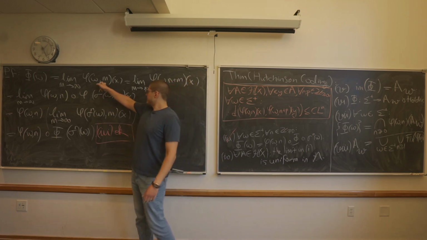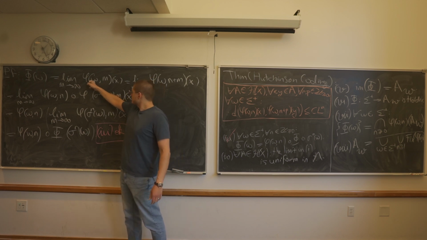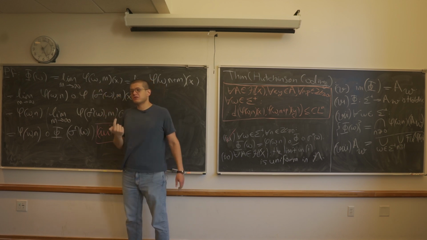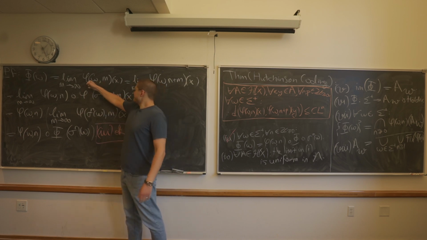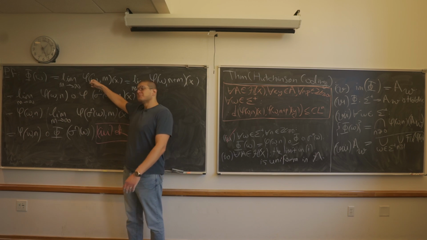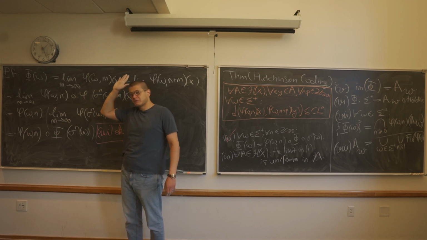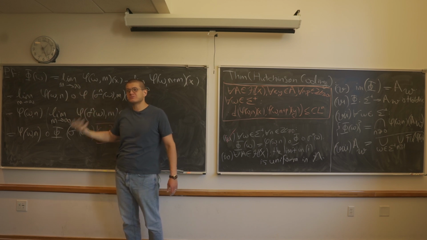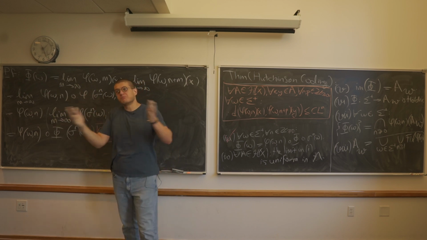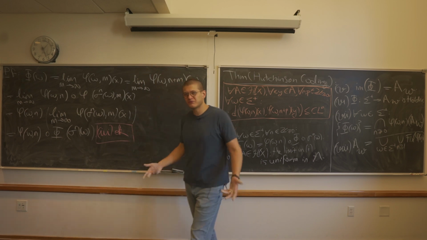So maybe you should think of it like this. If you had only one symbol, if capital N was 1, so that you have one contraction, you're basically applying the same contraction over and over again. Here you have multiple contractions, but again, the limit exists. Okay? So it's like a Banach contraction principle, but applied to a bunch of contractions instead of just one function. Does this sort of make sense?